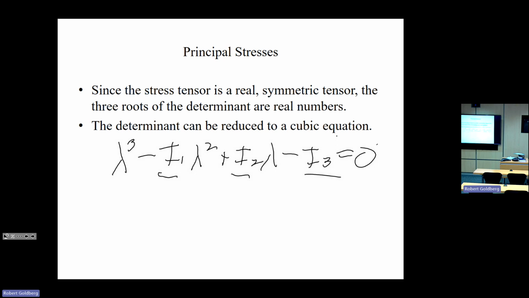What invariant means is that no matter how we change the orientation of our axes, the value doesn't change. For example, I1 is equal to sigma 1 plus sigma 2 plus sigma 3.